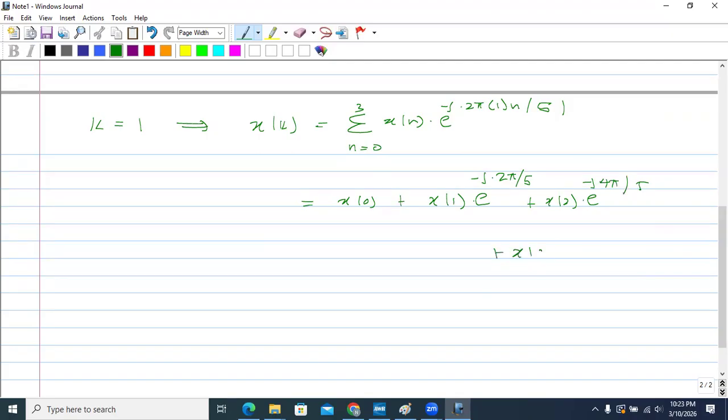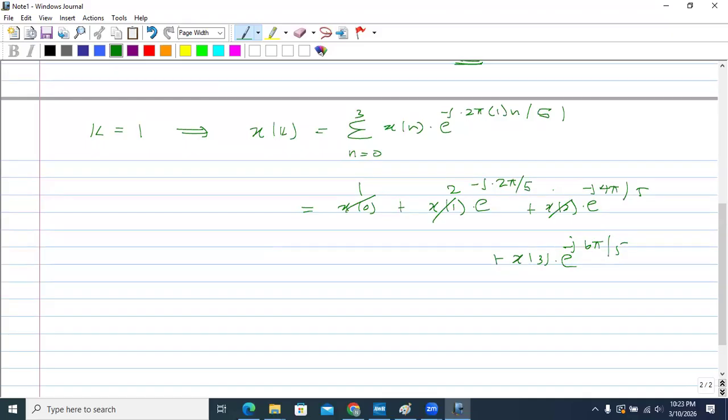Plus x3 e to the power minus j, now n is 3, so 3 into 2π, that will be 6π divided by 5. So x0 is 1, x1 is 2, x2 is 3, x3 is 4. So you can find capital Xk.